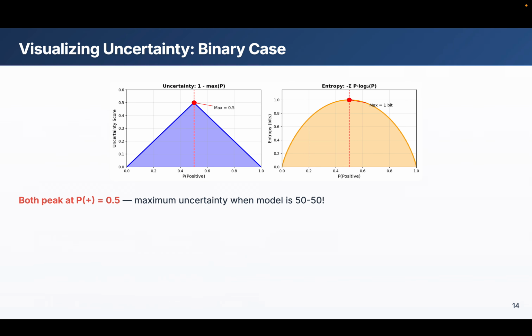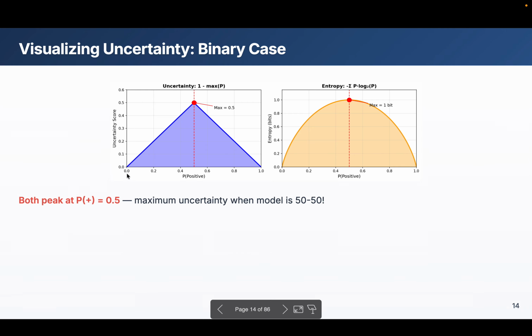So if we just try to visualize these curves, which is the uncertainty and the entropy, I am visualizing this for the 2-dimensional case. 3-dimensional would be harder; we would have to look at a simplex. In this graph, we plot the probability of the positive class on the x-axis and the uncertainty score.